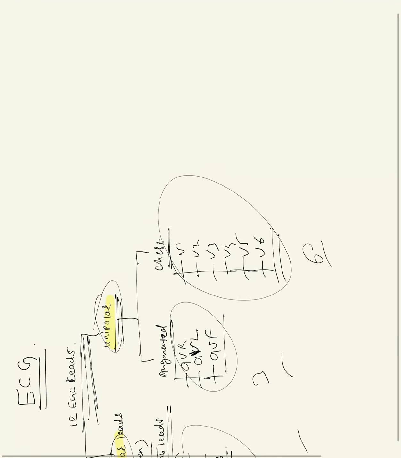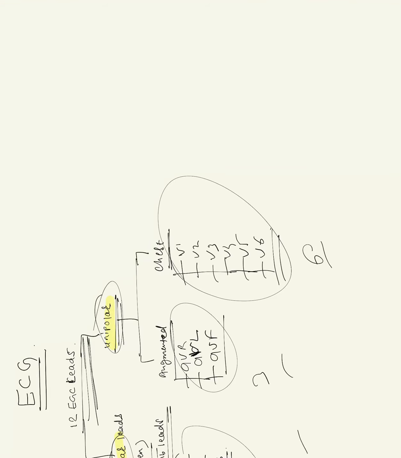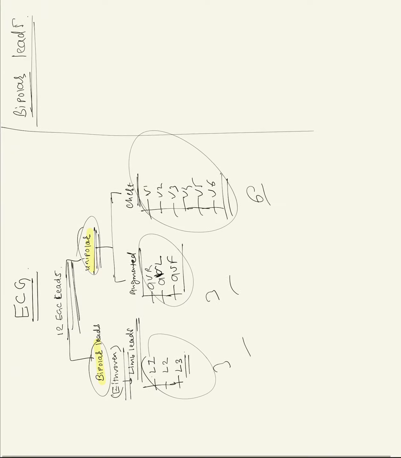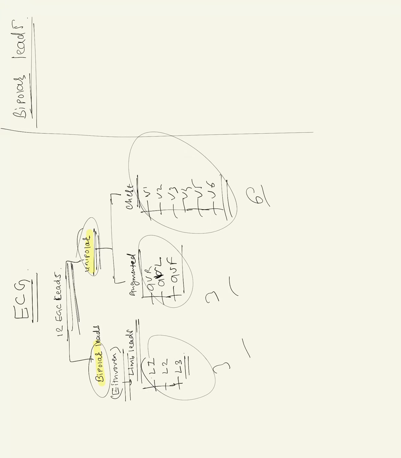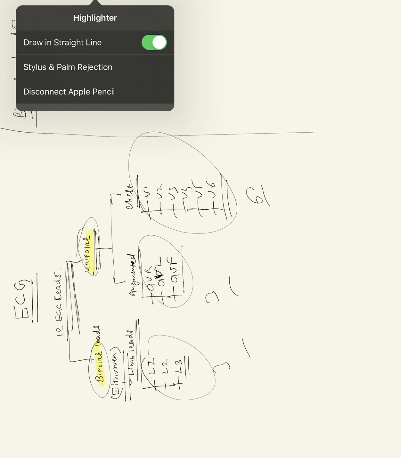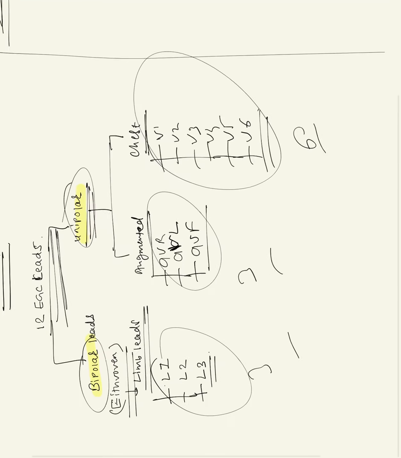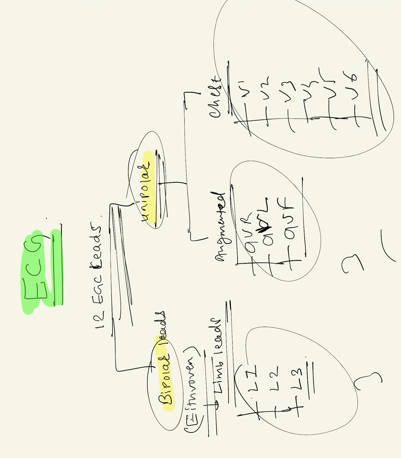That is the point. Now let us discuss the bipolar leads one by one. Before going to the bipolar leads, I just want to explain again briefly. The ECG is divided into 12 ECG leads.